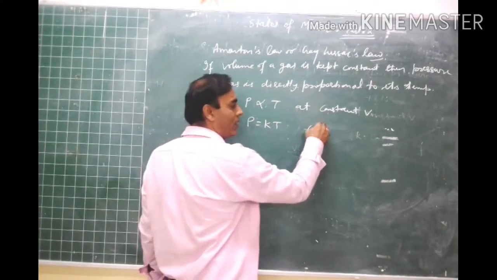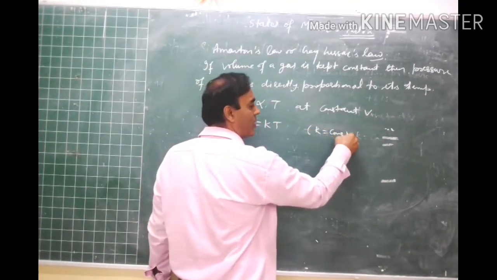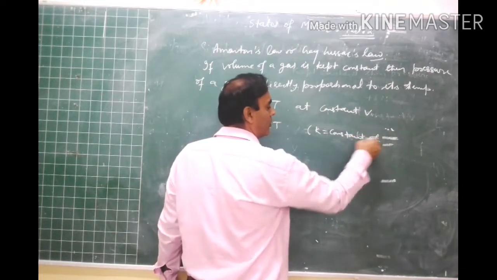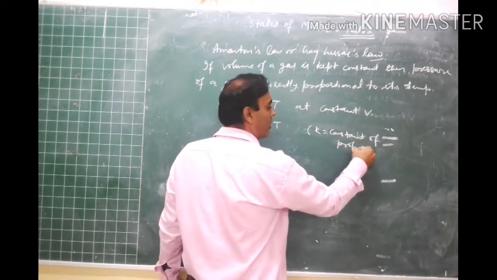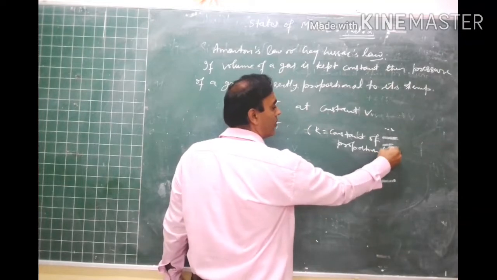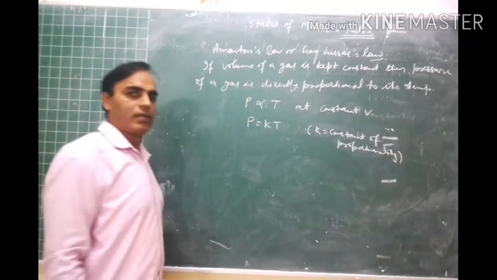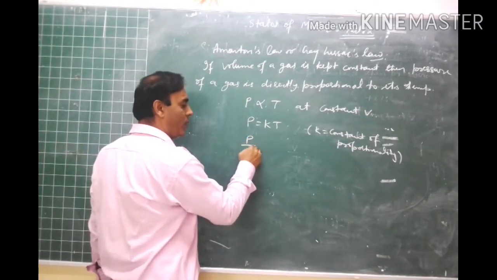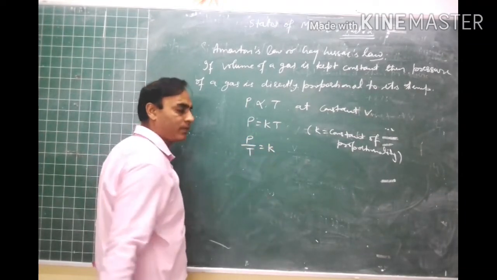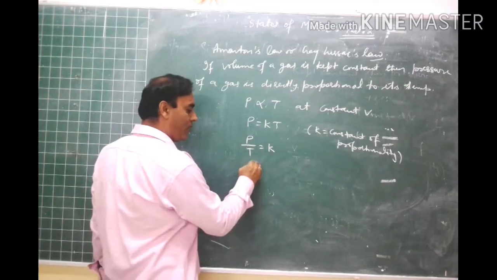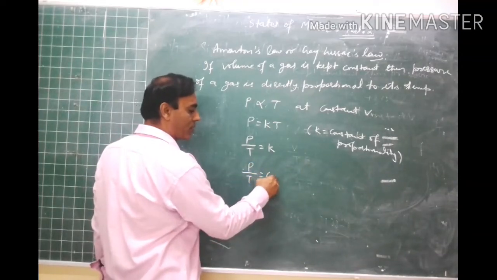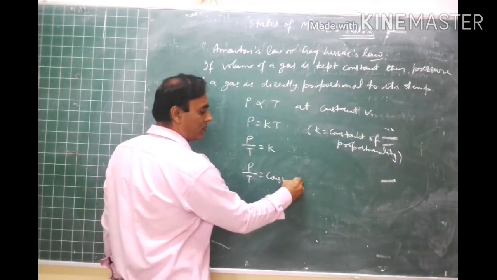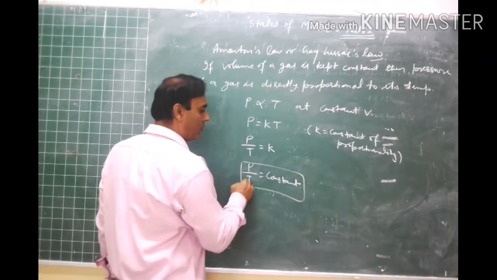So P upon T is equal to K. And instead of K we can write constant, because it is a constant.